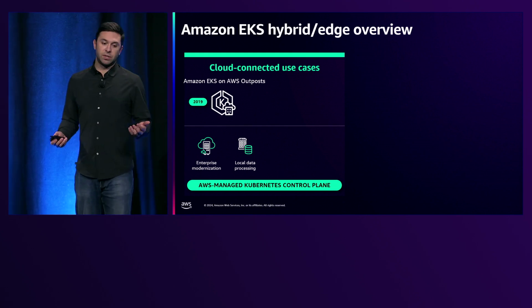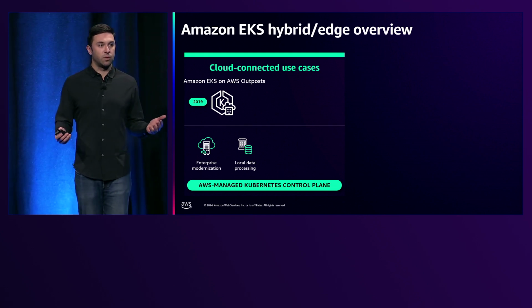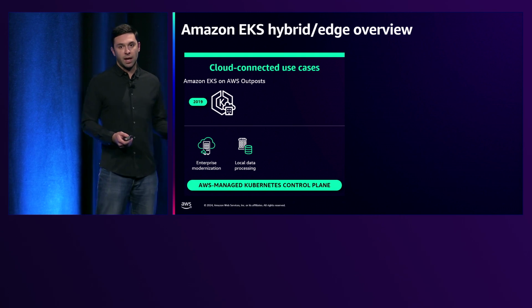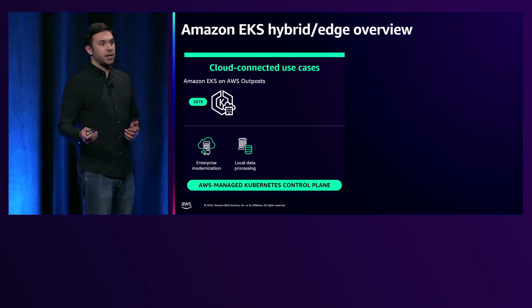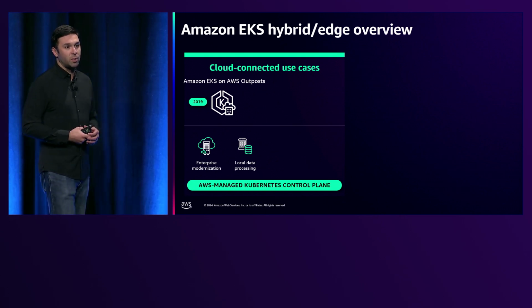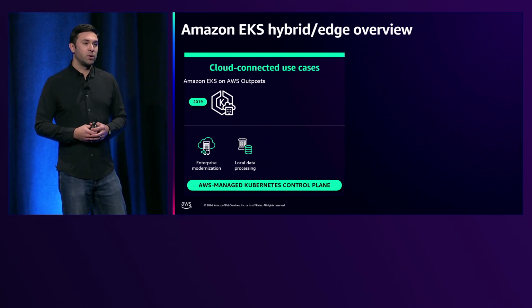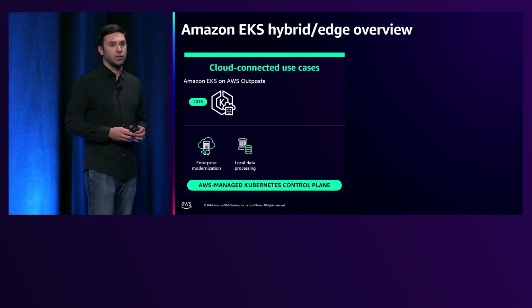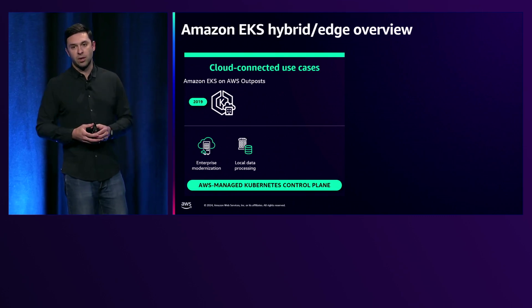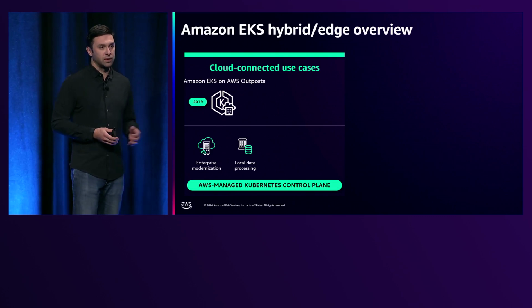And so that brings us to the EKS portfolio for on-premises and edge use cases. Our journey in this space started with EKS on Outpost back in 2019. And if you don't know, Outpost is AWS managed infrastructure that you can run in your data center or colo facilities.